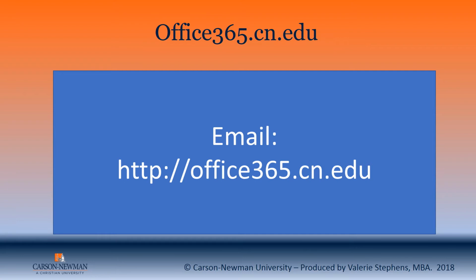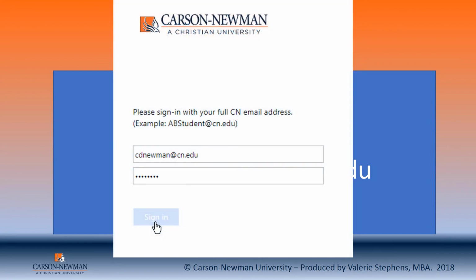Carson Newman email. You'll log on to your email through your browser using the web address office365.cn.edu. You may also access it through the student email link on the Carson Newman homepage. Log in with your full email address, which is your username, followed by @cn.edu.